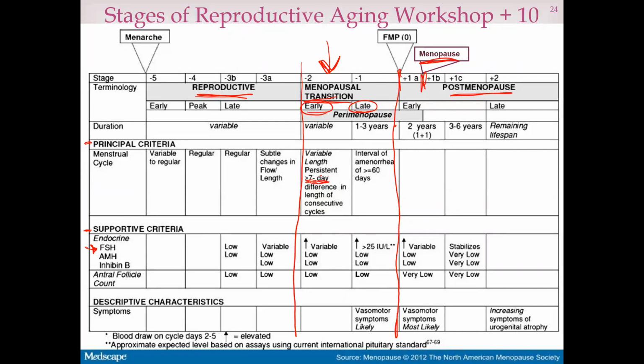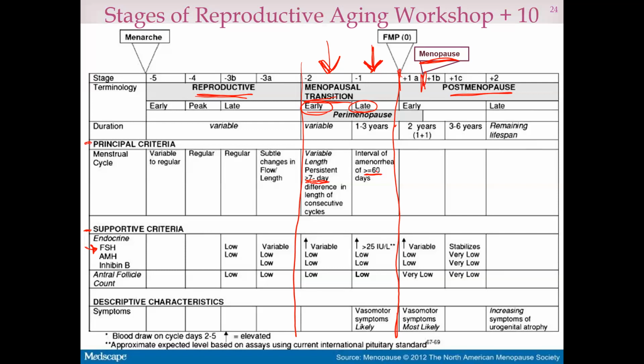If we look at the next one, the late menopausal transition, that's this column here. If we look down, there's variability in how long this can last, and we'll see amenorrhea for at least 60 days, that would be a dropping of about 2 cycles or more, and that will be amenorrhea for anywhere from 60 days all the way up to 364 days, right?